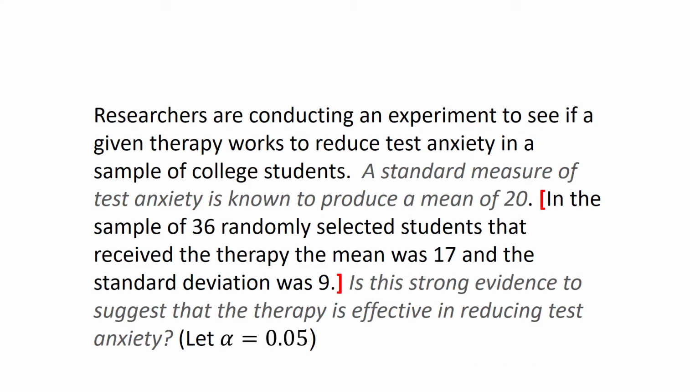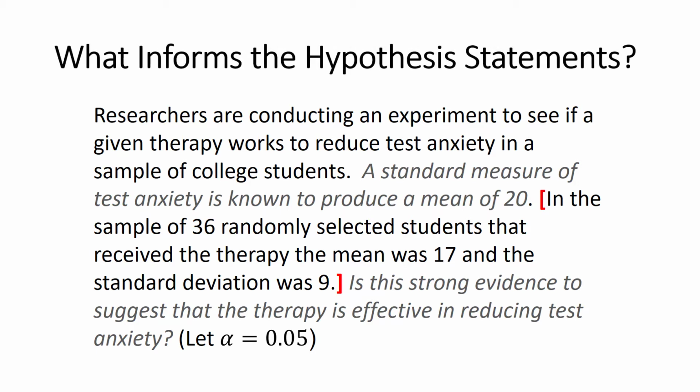The next question I want to ask myself, if I've decided now that it's about means, is what informs my hypothesis statements? What I've done in this slide is show you the parts that are informing the hypothesis statements. They're the ones in italicized gray. You can see I have a statement here, and then I have a statement at the end. What I wanted to point out is the part in the red brackets.